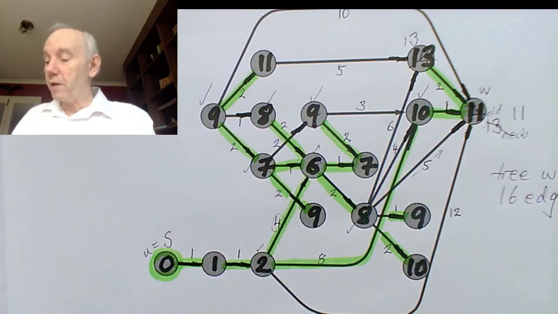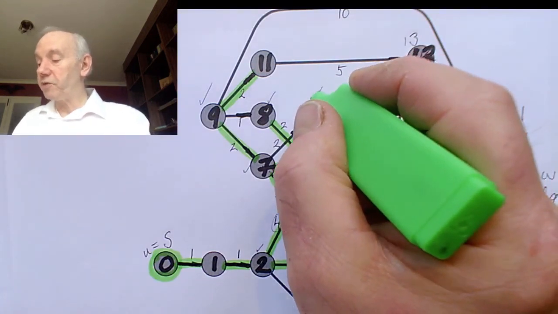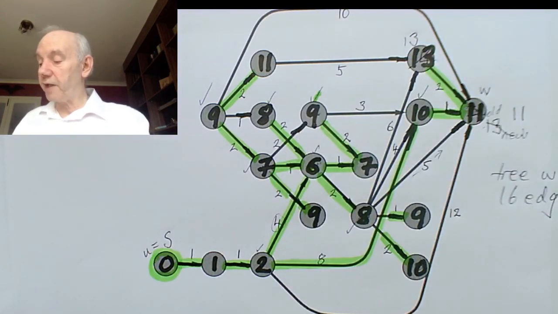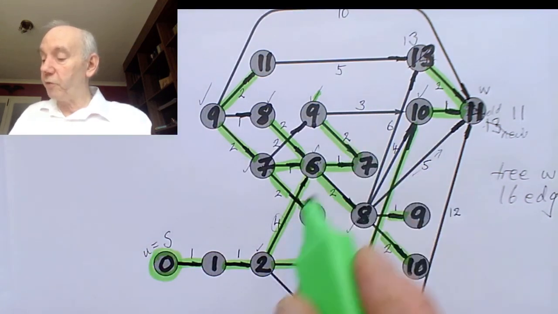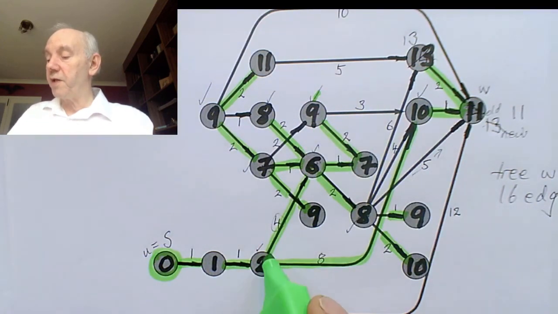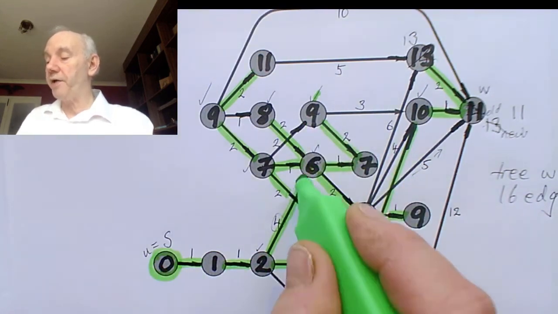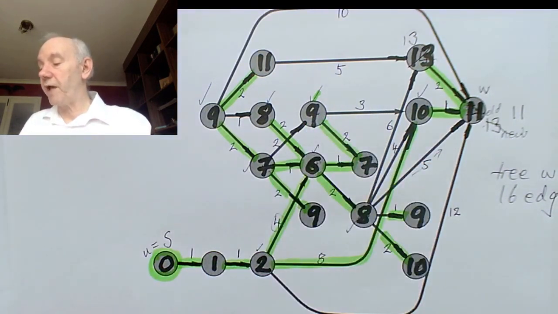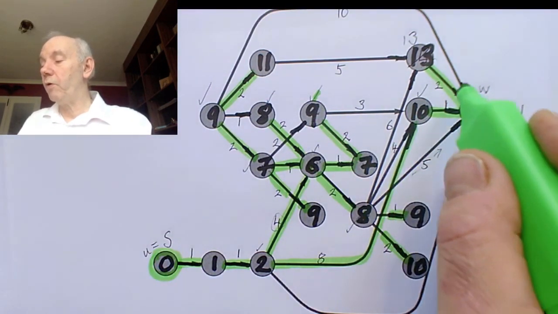If you take any path, for example this 9 here, how does the tree get to the 9? Well, I'm just going up this way. So it's 1 plus 1 plus 4. That's 6, 7, 8, 9. And because the difference of the permanent labels is the weight of the edge, I know that the length of this path is 9. So any vertex I want to get to using this green tree will be a shortest path.